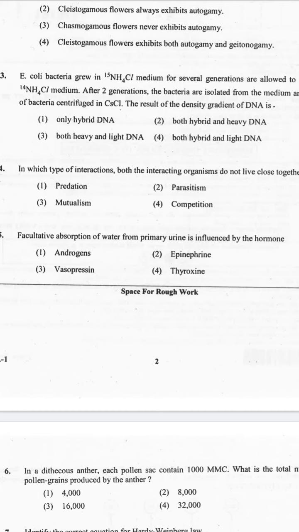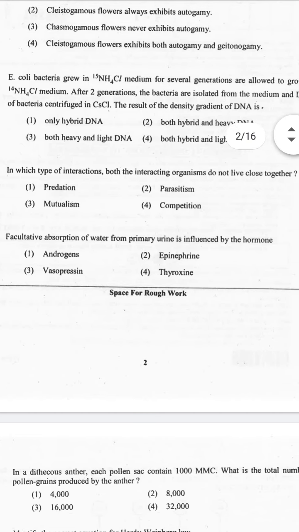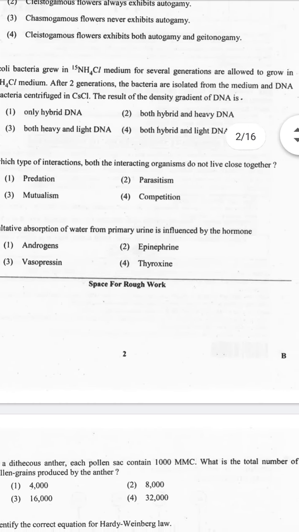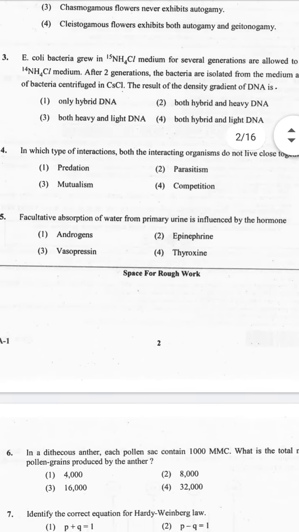The result of the density gradient of DNA is: option 1, only hybrid DNA; option 2, both hybrid and heavy DNA; option 3, both heavy and light DNA; option 4, both hybrid and light DNA. So the correct answer for this question is option 4.